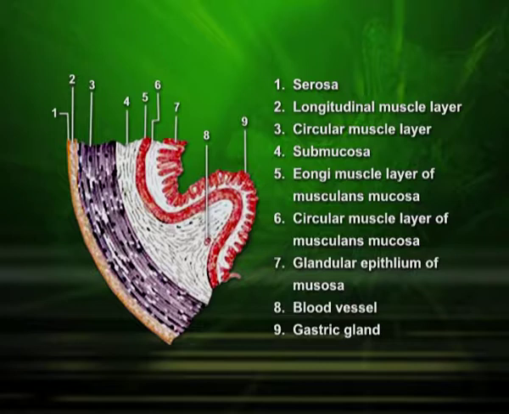In the stomach, if you see the section of its interior wall, there are mucous neck cells which will secrete mucus. The value of mucus is that it will cover the internal wall of the stomach, so that the wall itself should not be acted upon by the enzymes and the HCl produced by the stomach.